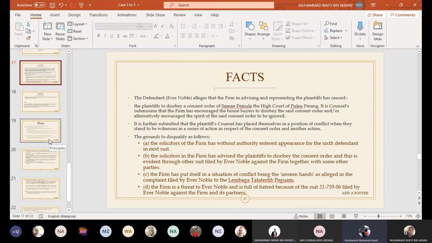So was he acting in the best interest of his client? Okay, so it seemed to be against the interest of the client. Not only that, it was against the authority or beyond the authority granted. Right. So please baca in full case ni dan explore apa yang saya bagi tahu tadi.